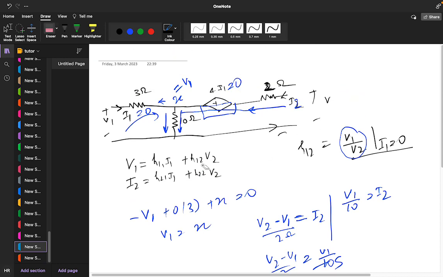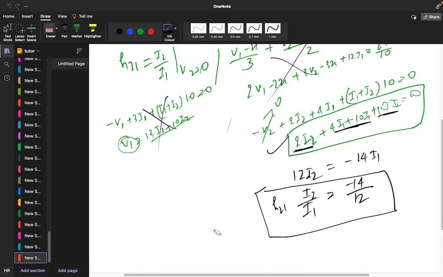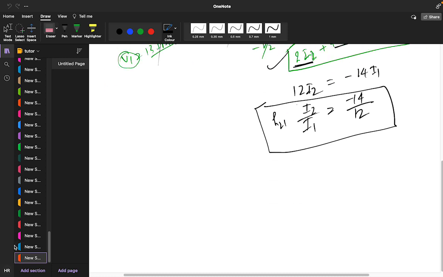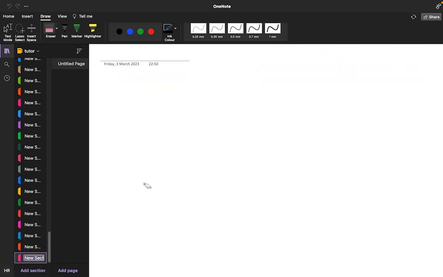So we got the results of this. H11 we got, H12 we got, H21 we got, and now we need to find the value of H22. So how can we find the value of H22?